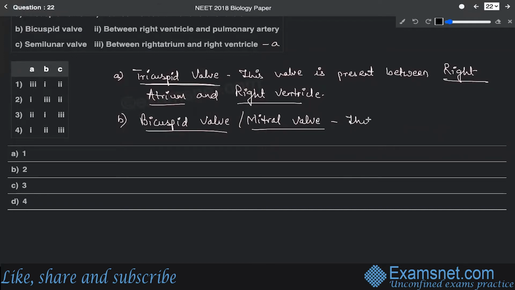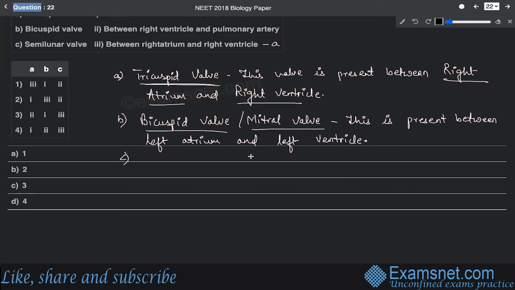So this is present between left atrium and left ventricle. All right. So this is the case.